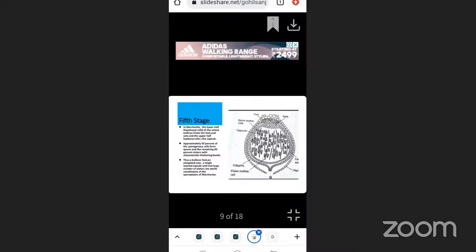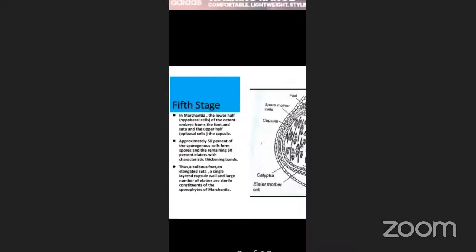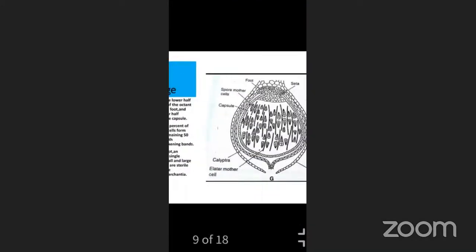And another one that illustrates the progressive sterilization theory is Pellia. See here, Pellia.